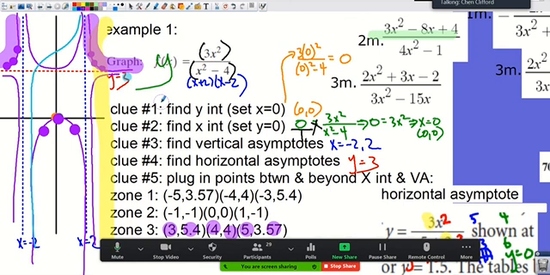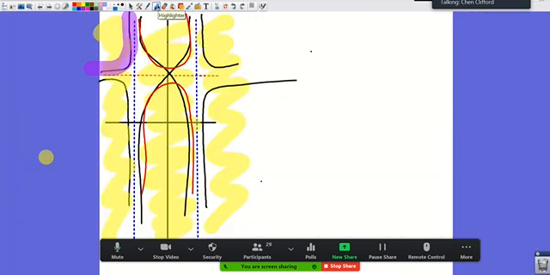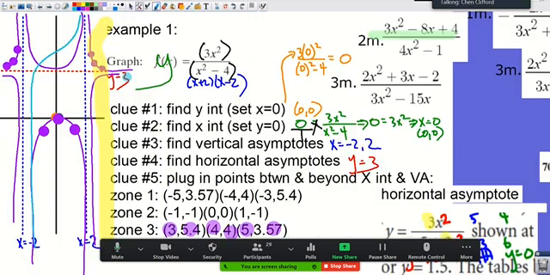Now let's look at zone 2. If we have vertical asymptotes of -2 and 2, some easy x values that we can use are -1, 0, +1. So that's how I got this.